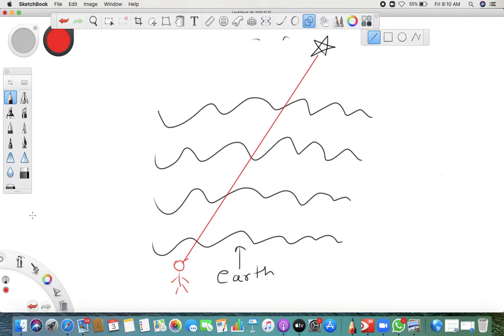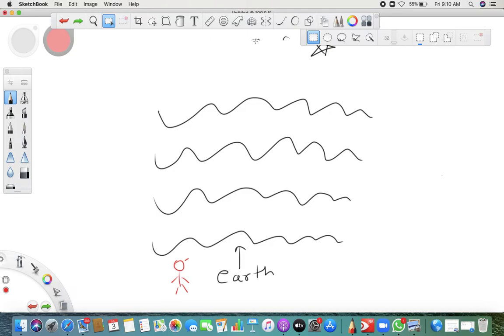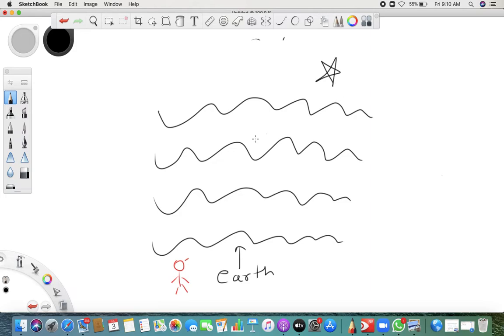Okay, let me show you. Let me redraw it here. So what happens is, when light comes into the atmosphere, the density is changing at every point.